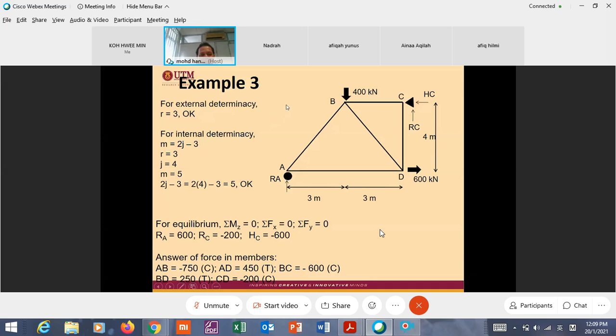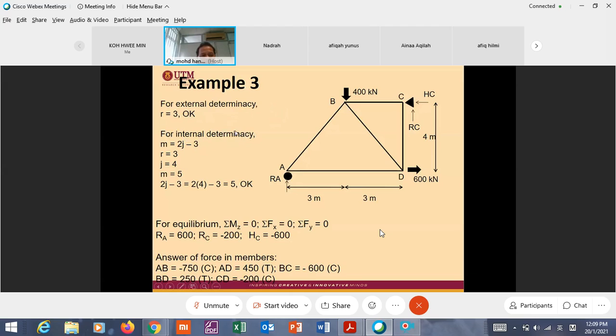That one is external, just a repeat actually. And then for internal determinacy, this is to check the number of members in relation to the number of joints and also reactions. Why does this formula come, M equal to 2J minus 3? Why not 3J? Why not 4J?